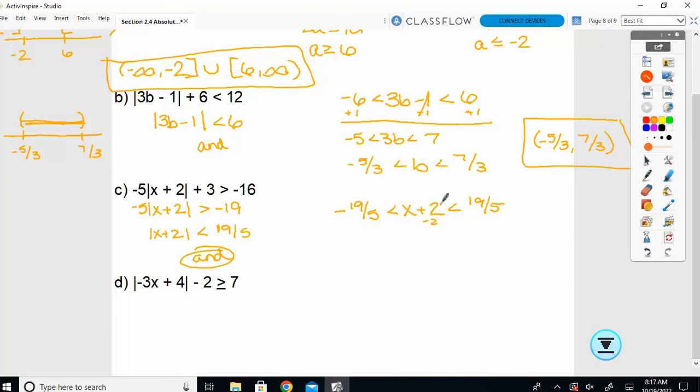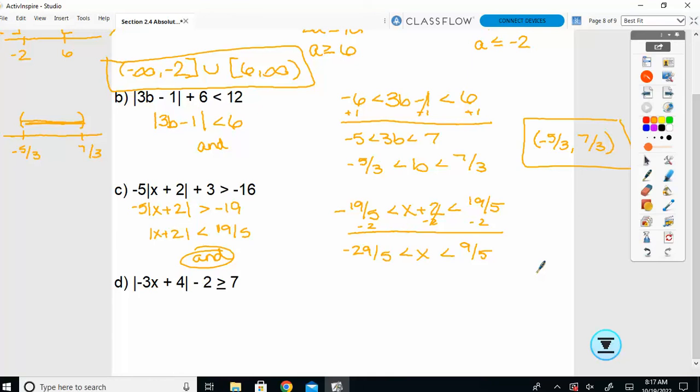So if we subtract 2 from everything, we get -29/5 is less than x is less than 9/5.